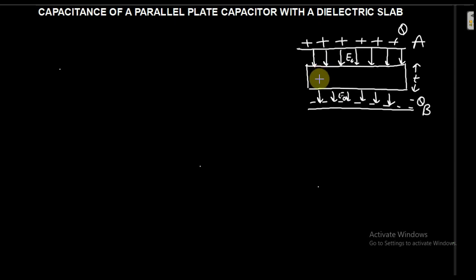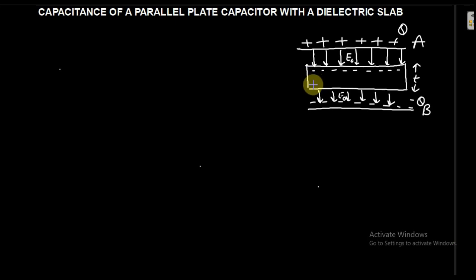So this field is outside the dielectric slab, but what will happen inside the dielectric slab? Because a dielectric is made of a large number of atoms and molecules, all the atoms, electrons, or you can say charges, will arrange themselves according to the charge on plate A and plate B. Here positive charge is there, so this positive charge will attract the negative charge toward it.